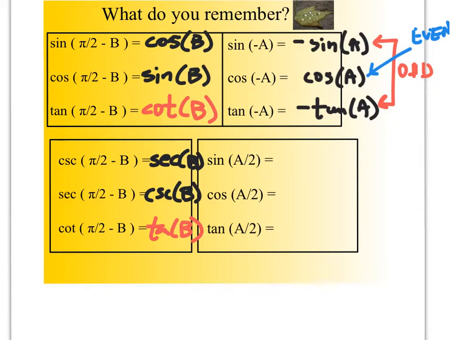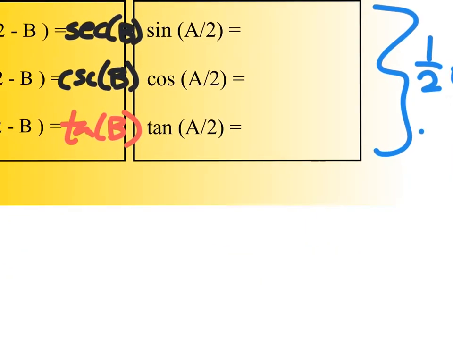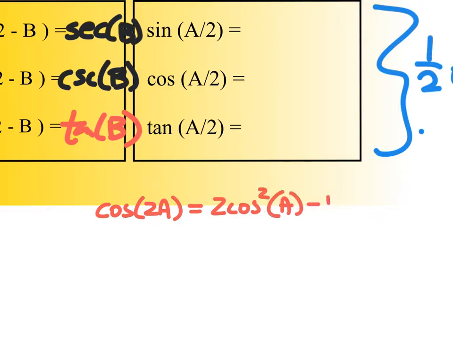Alright, now over here, these are called half-angle identities. Half angles. I'm not going to write out the word, but I'll just put half theta. Right? So half-angle identities are formed directly from the following. So cosine of 2 alpha is equal to 2 cosine squared alpha minus 1.